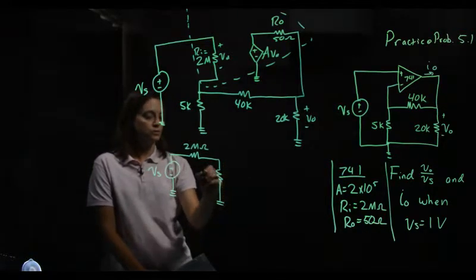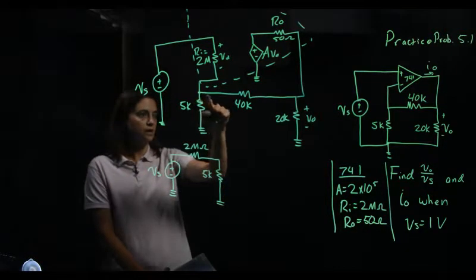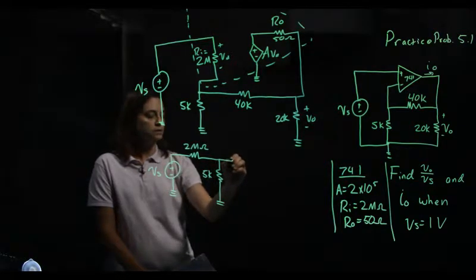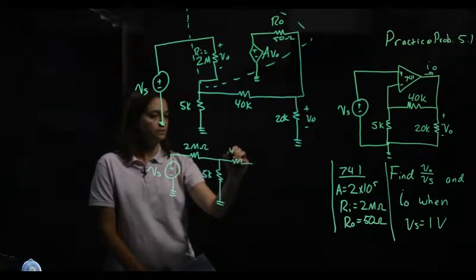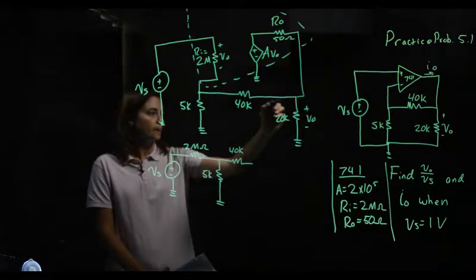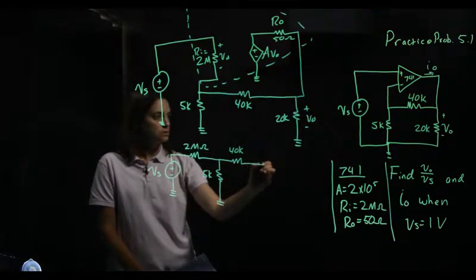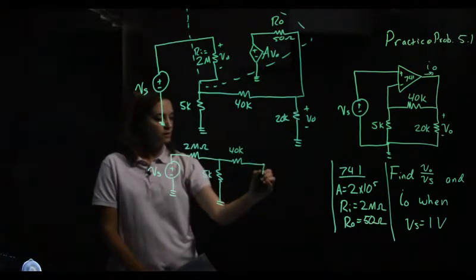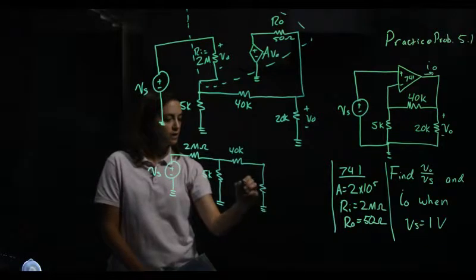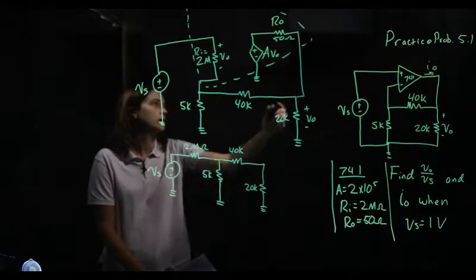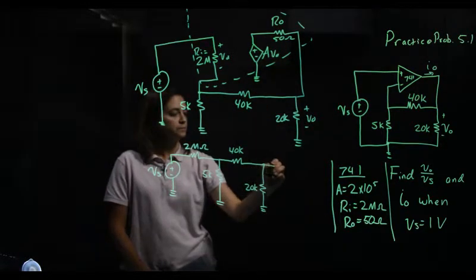So think in terms of nodes. So we've made that node. That connects to a 40K. That connects to a node that's here. And there I have a 20K down to ground. And a 50 ohm.